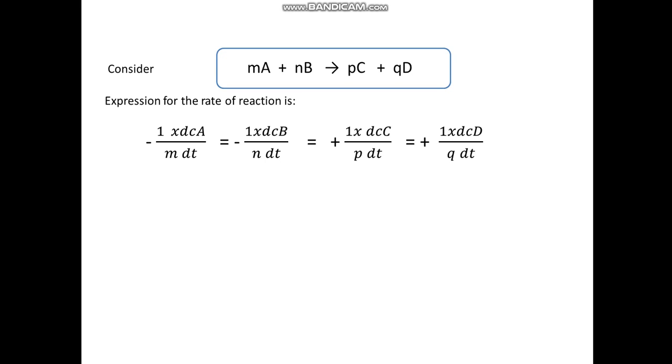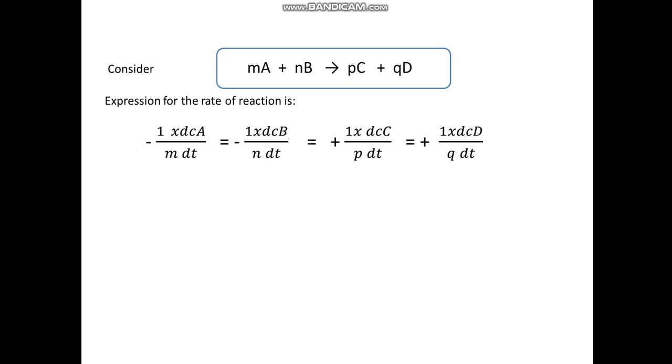The expression for the rate of the whole reaction is minus 1 by M into dCA by dt, which is equal to minus 1 by N into dCB by dt, which is equal to plus 1 by P into dCC by dt, which is equal to plus 1 by Q into dCD by dt.